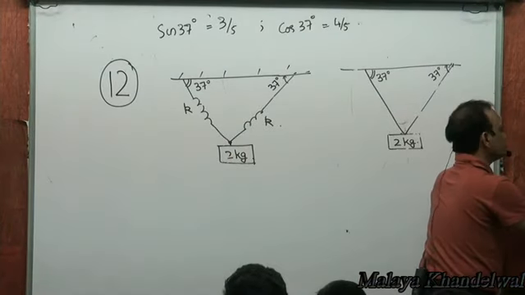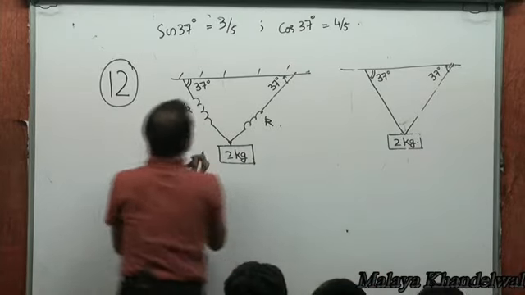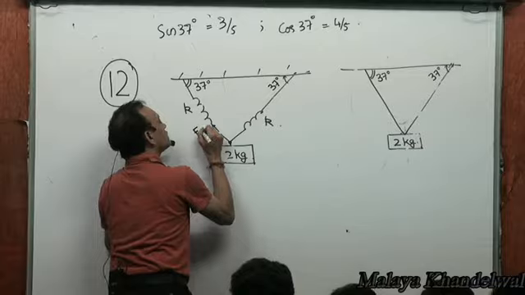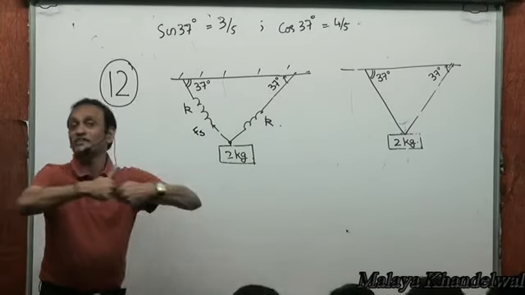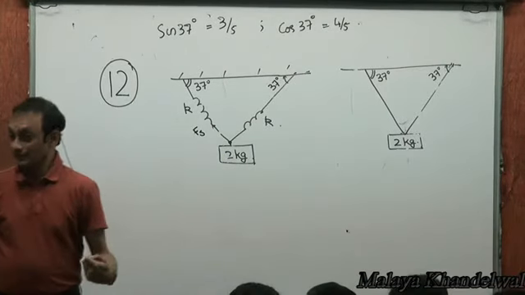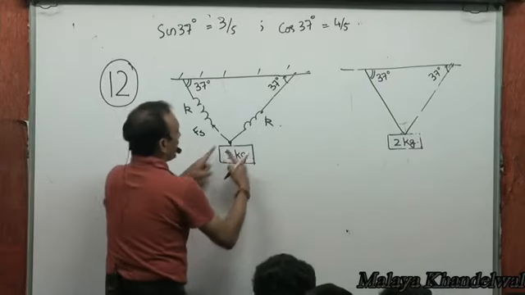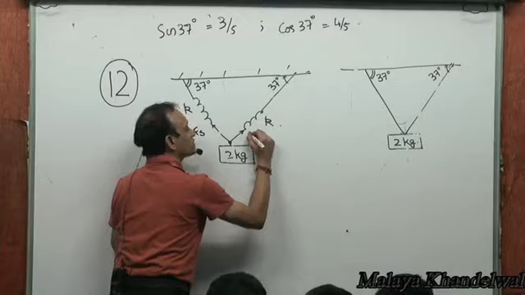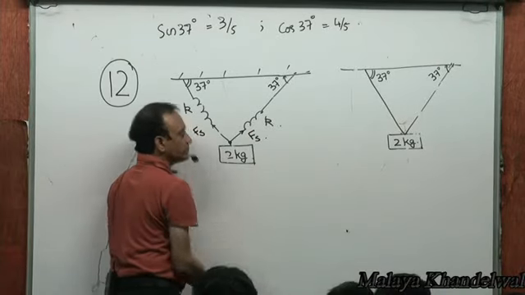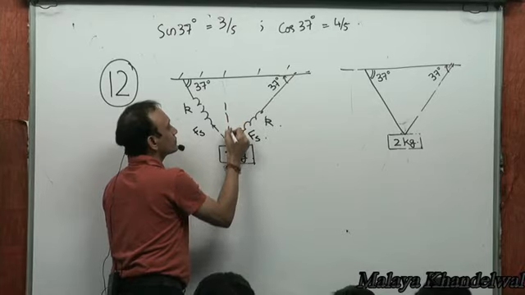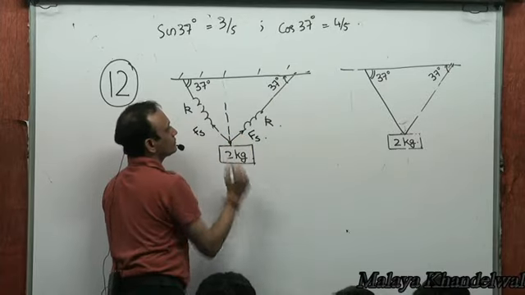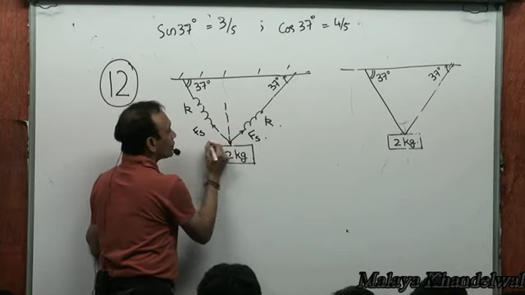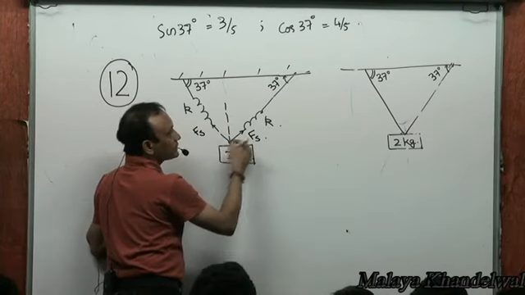Now, in this case, the spring force, suppose, was Fs. These are identical, and spring force will always act along the spring. On this mass m, it will act like this, Fs, initially. Very clearly, with the horizontal, it makes an angle 37 degrees.